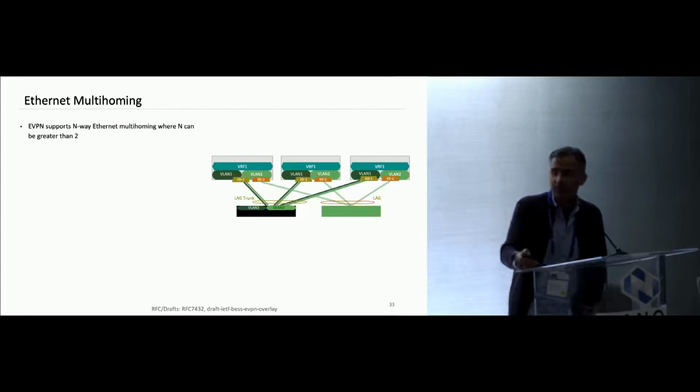Multi-homed end systems are identified in the overlay by a unique segment ID, otherwise referred to as an ESI, Ethernet segment ID. The ESI basically represents a split horizon boundary, right?